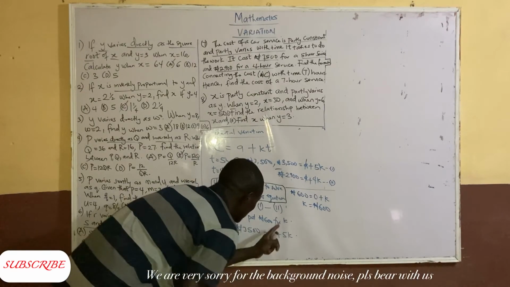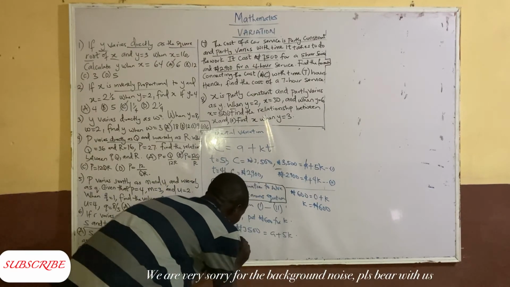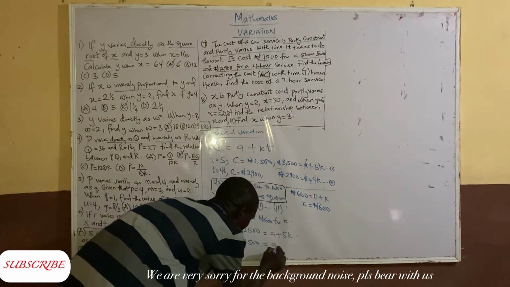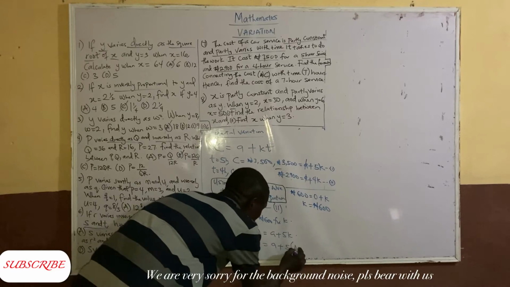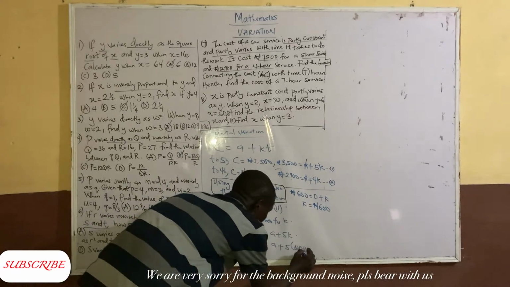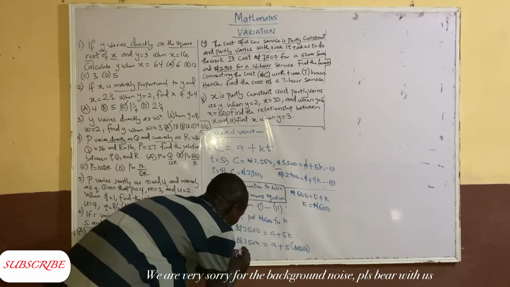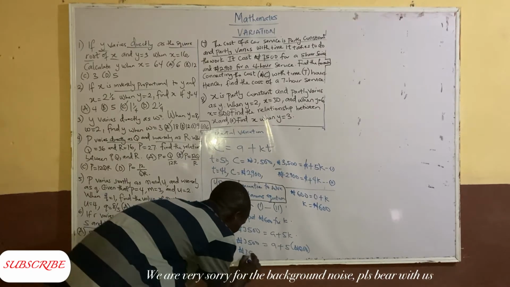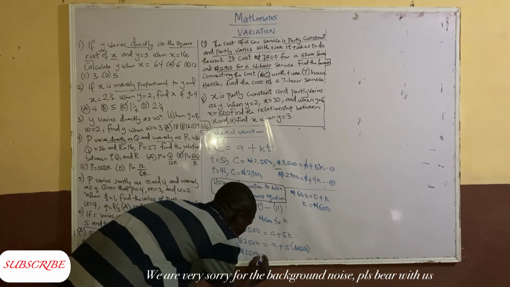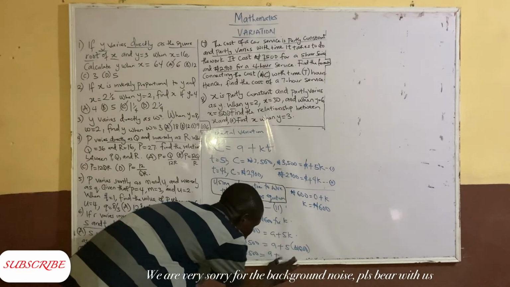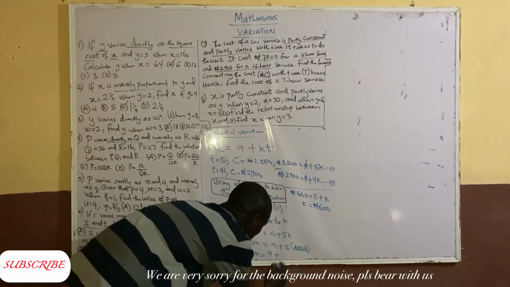And you know that your K is now 600. So we have 3,500 equal to A plus 5 into bracket 600. When you multiply this one, it gives 3,000 naira.